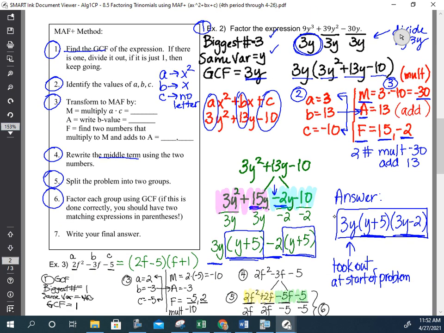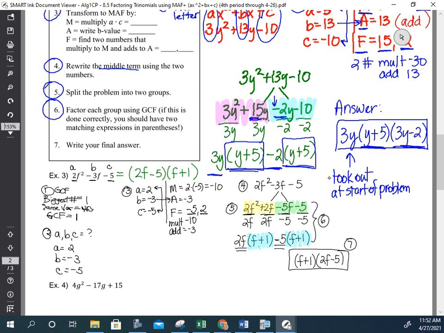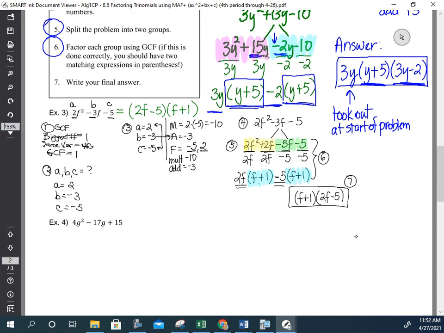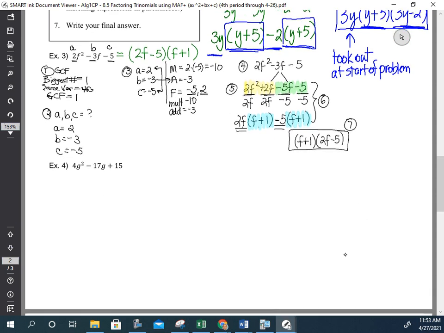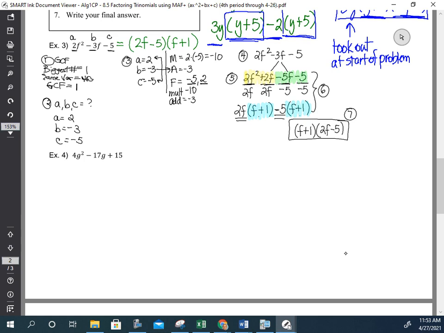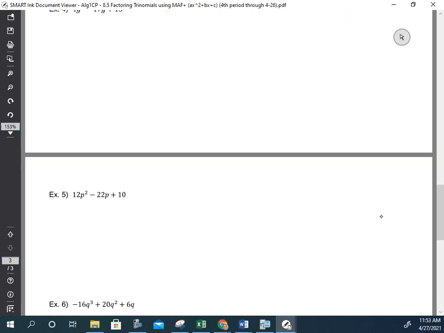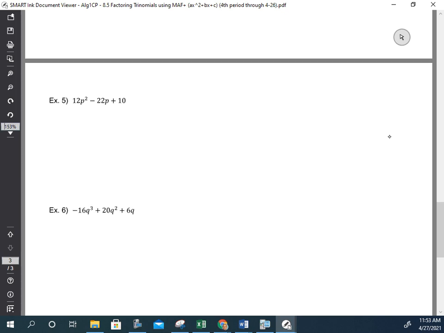So we did examples 1 and 2. We did example 3 before time ran out on us yesterday. So today we're going to do 3 more examples. We'll do 1 more regular example. Then we're going to do 2 examples in which we have a greatest common factor that we've got to take out first.